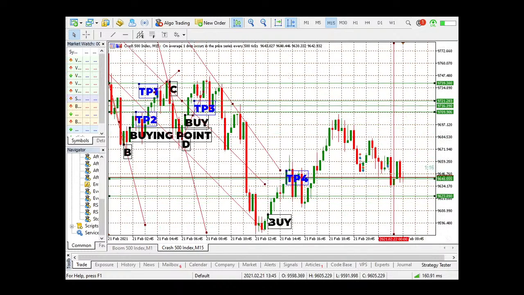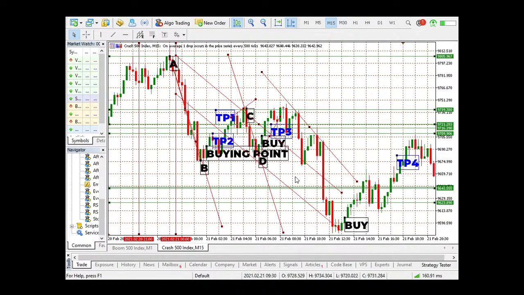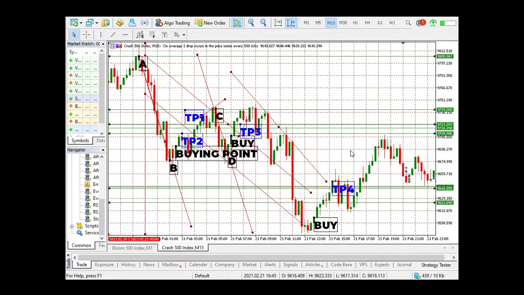So from here, if you are a high risk taker, you can even set your TP somewhere here, because you know that the market is going to buy for a long time after a long downward trend from A to the buy point. But just to be safe, you can set your TP halfway between D and buy, and you are good to go.